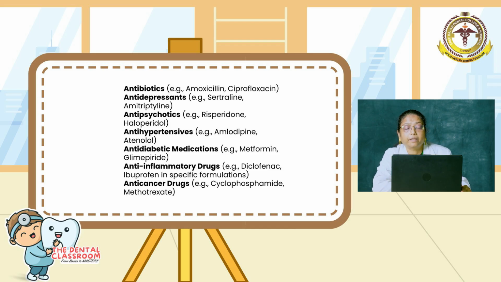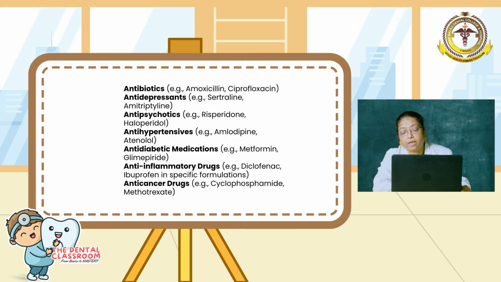So, the common drugs under this category are antibiotics, that includes amoxicillin, ciprofloxacin and so on, antidepressants, sertraline, amitriptyline and so on, antipsychotics, risperidone, haloperidol are the examples. Coming to antihypertensives, amlodipine, atenolol are the examples.